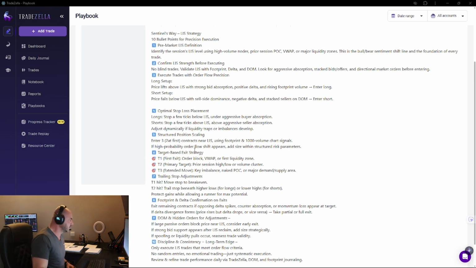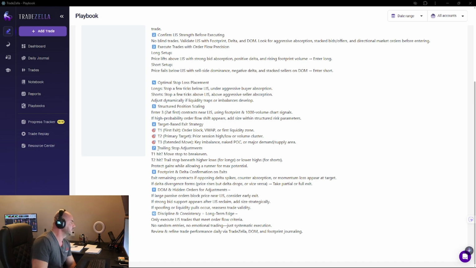And we have a target-based exit strategy: target 1, the first exit, is mostly an order block or a VWAP or a first liquidity zone. Target 2 is our primary target, which is mostly a high or a low. And target 3 is the extended move, which is key imbalance, naked POCs, former supply and demand areas. So target 3 is optional.